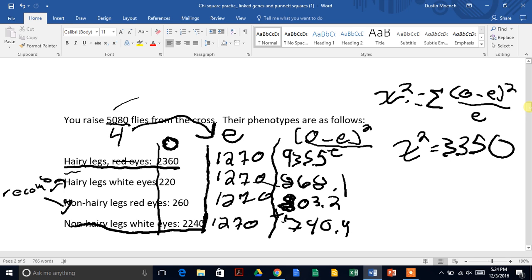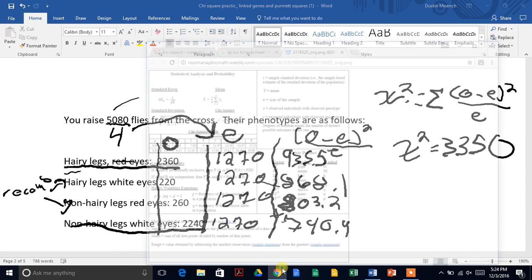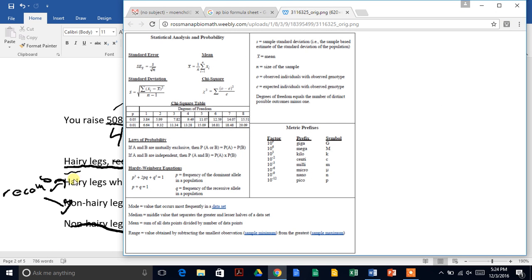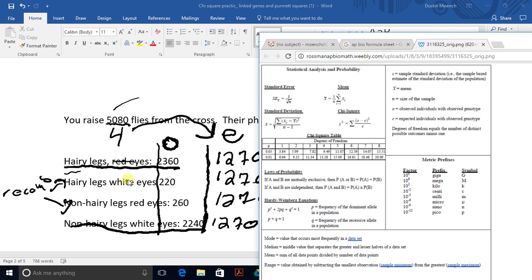If there wasn't any crossing over, they would all be one or the other of these 2. So we're going to look at our chi-square table to tell us what 3,350 means. So there are 4 possibilities. Our degrees of freedom are our number of possibilities minus 1, so our degrees of freedom are 3.